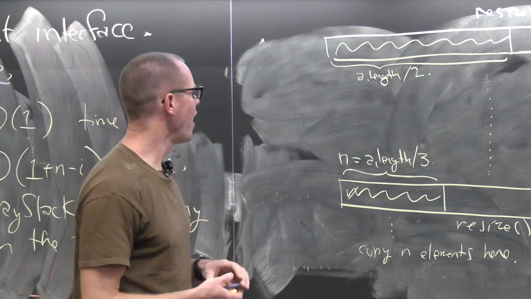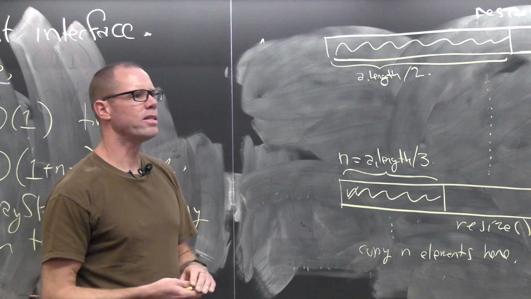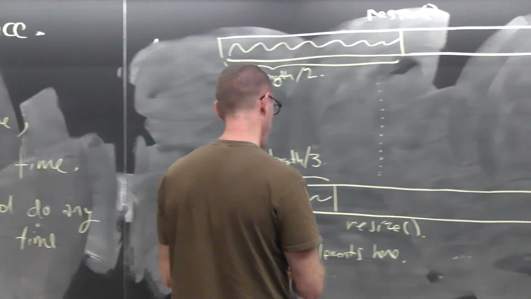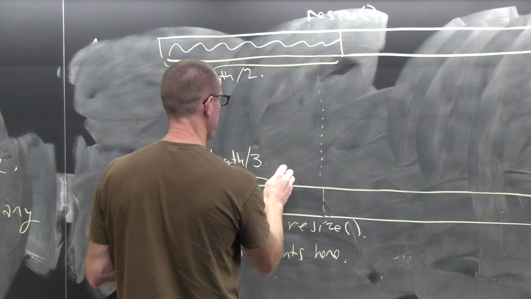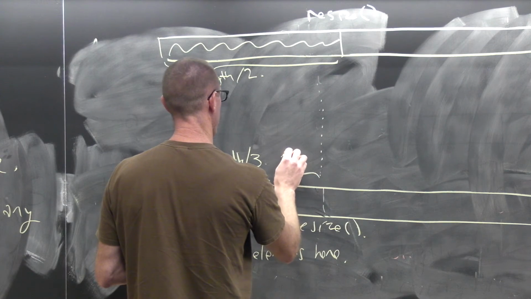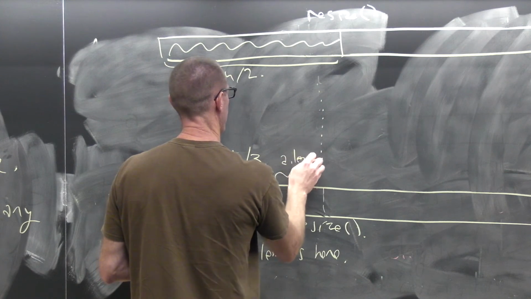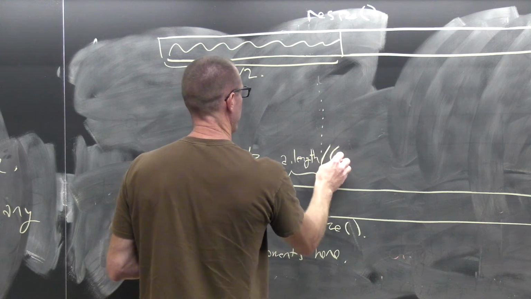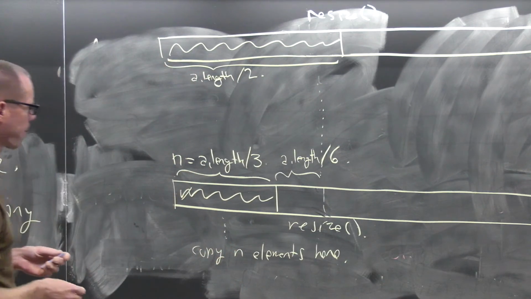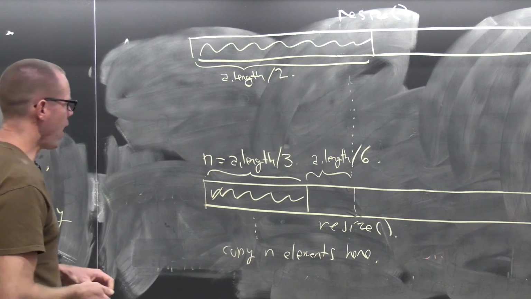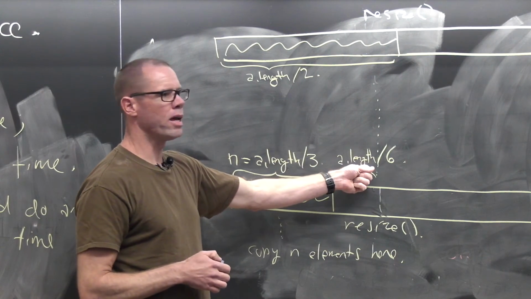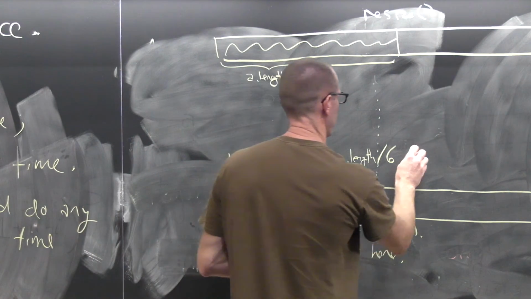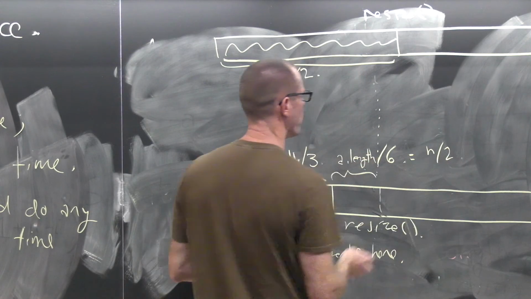So 1/2 minus 1/3 is a sixth, which means the stuff that's no longer present is of size a dot length divided by 6. Now, if n is a dot length divided by 3, that means this is n over 2.